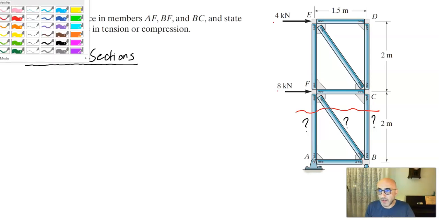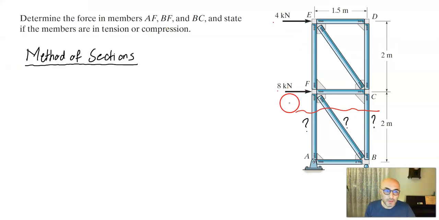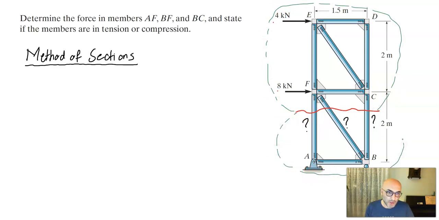So applying this imaginary cut here, we have either this upper portion of the structure or this lower portion of the structure where we can write equilibrium equations, including the sum of the forces in the x direction and y direction, and also moment about a point.